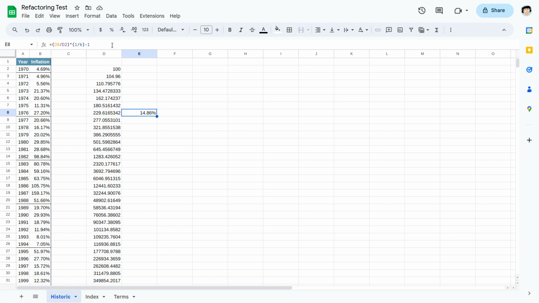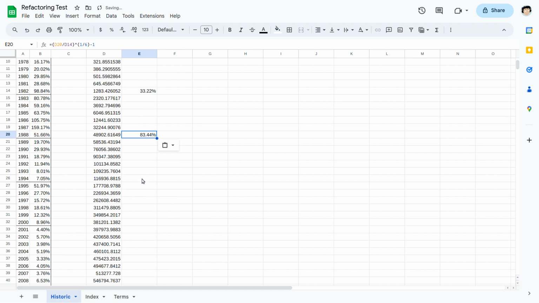Okay, and I can do the same for all the other chunks. That's a lot of inflation right there.